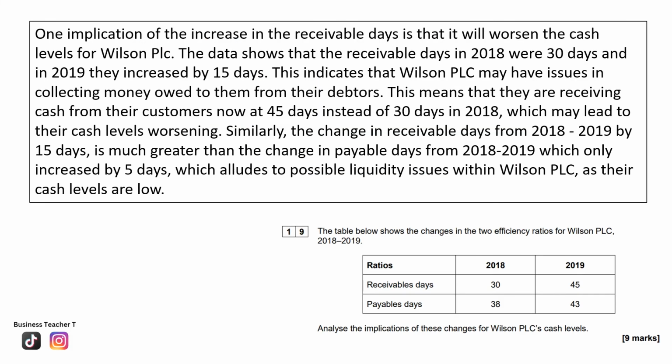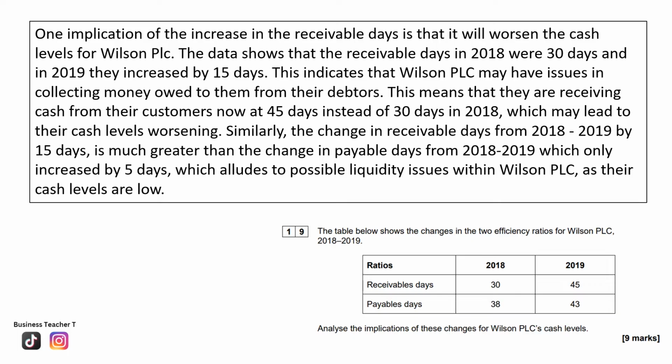One implication of the increase in the receivable days is that it will worsen the cash levels for Wilson PLC. The data shows that the receivable days in 2018 were 30 days and in 2019 they increased by 15 days. This indicates that Wilson PLC may have issues in collecting money owed to them from their debtors.